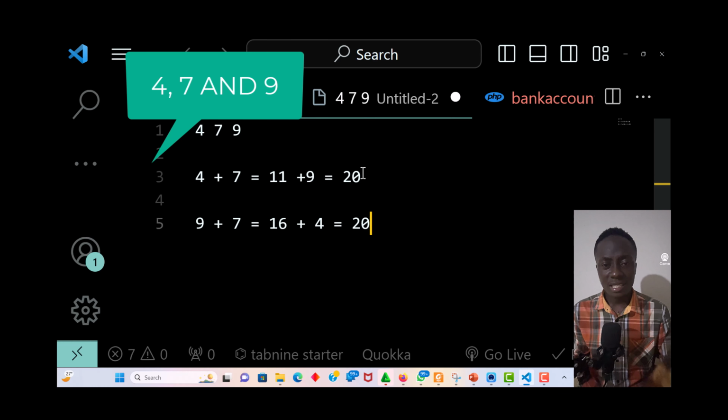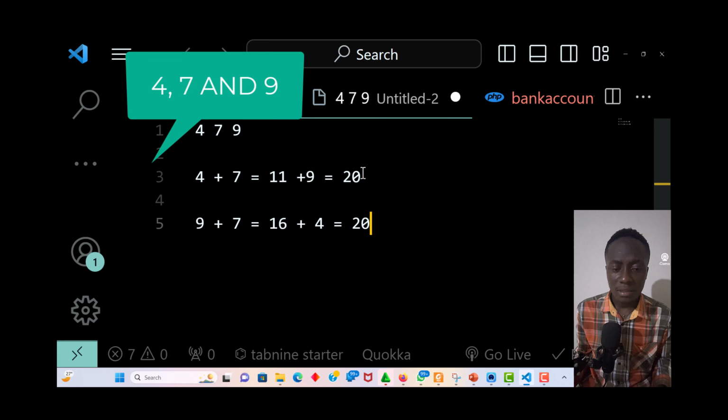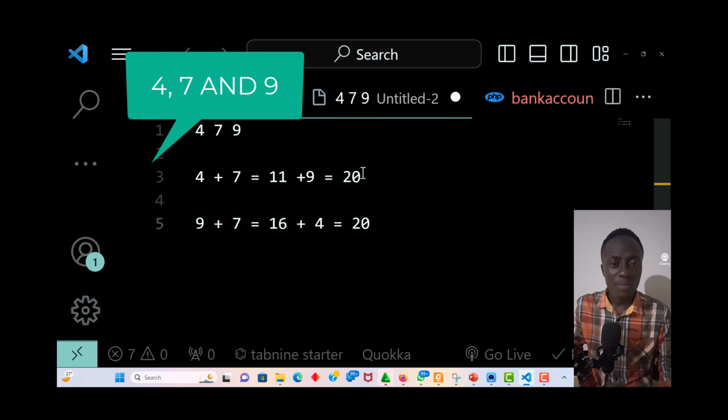So this skill of formulating a procedure to solve the problem at hand is what we need of you as a software developer or as a programmer. You should be able to look at the problem at hand and devise simple steps. Simple is very important. You can't devise a complex step. Simple steps to solve the problem at hand.